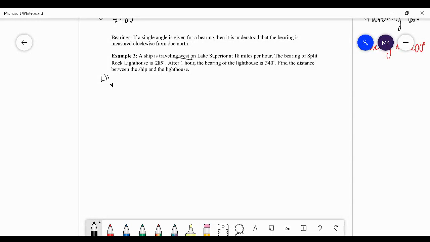So what we know is we have a lighthouse. I'm not drawing a lighthouse, sorry. And we have a ship that's traveling west. I'm going to trim that line down here in just a minute. Now, what I know is that at first, the lighthouse was at 285 degrees.